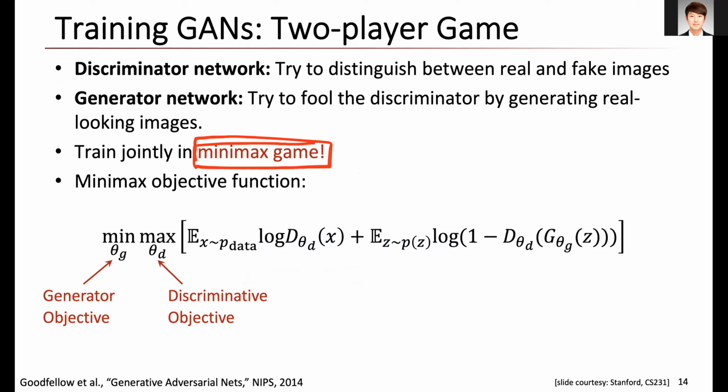So we can define the objective function like this. First of all, theta d is the discriminator network parameter, and theta g is the generator network parameter. Then we define this kind of loss function. In fact, this is a very simple binary classification loss function, just like the cross entropy loss.